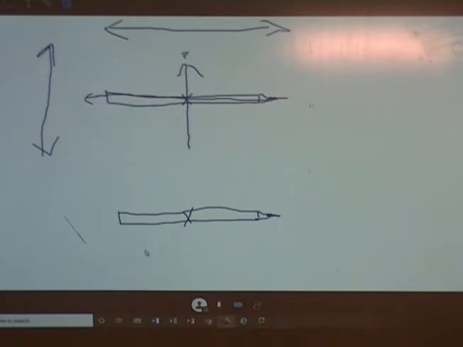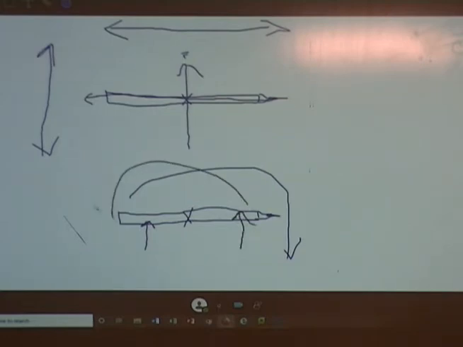So, for example, if I apply force here, the pencil is going to spin that way. Right? If I apply force here, the pencil is going to spin that way around the center of gravity. This acts like the axis. Does that make sense at all?